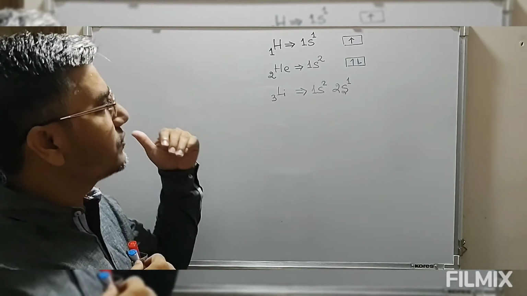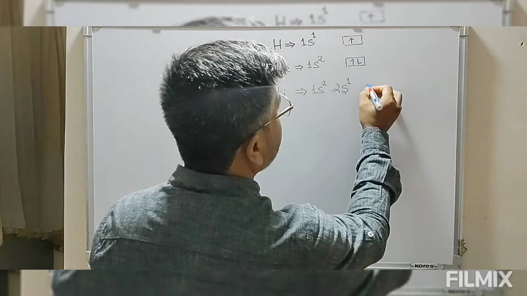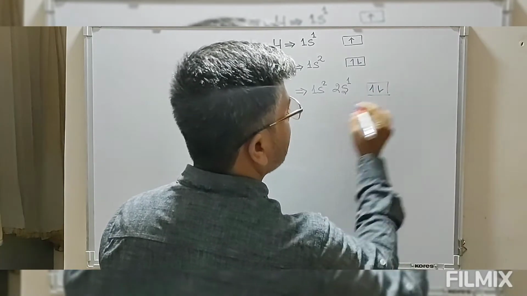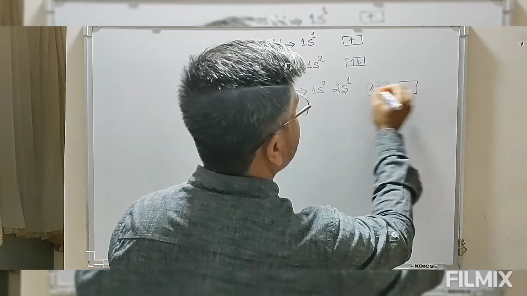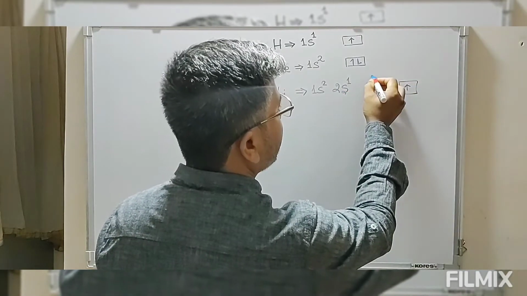So this is the meaning of the placing of electrons. In the orbital diagram, this is 1s having 2 electrons, then the second shell s having 1 electron, this is 1s, this is 2s.